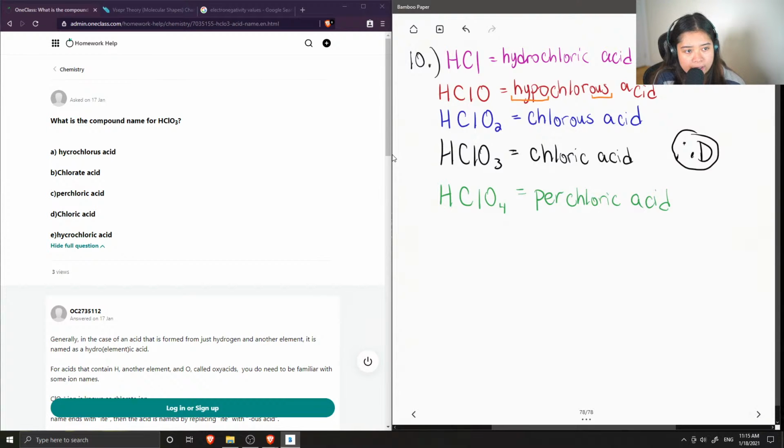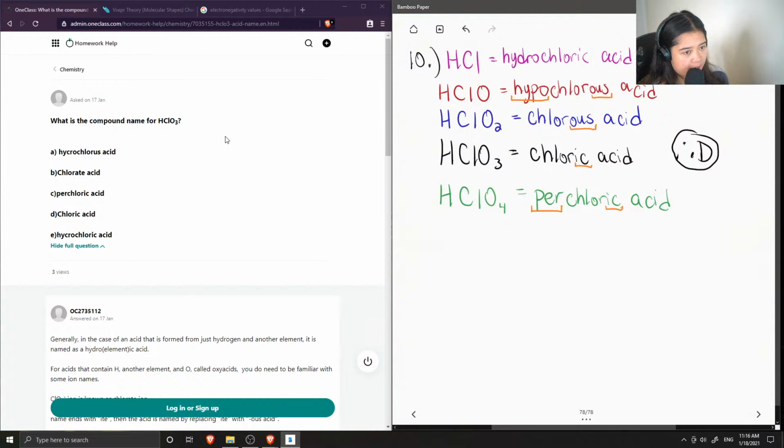When you add an additional oxygen, it still has that suffix ending in -us. With O3, it ends in -ic. But if we were to add an additional oxygen, it still ends in -ic, but it has per as the prefix.